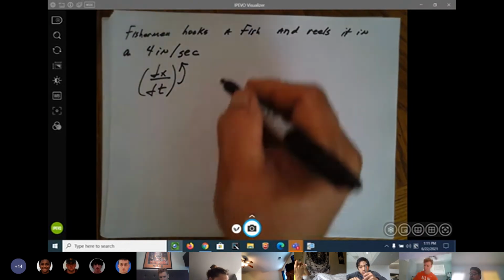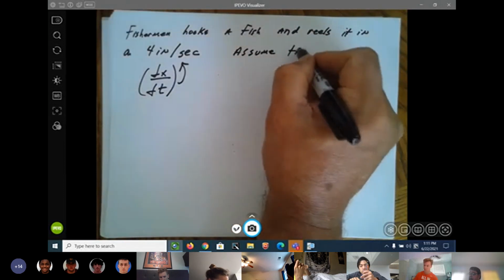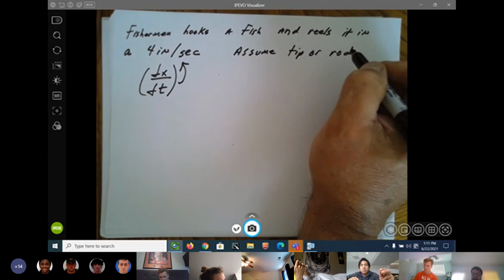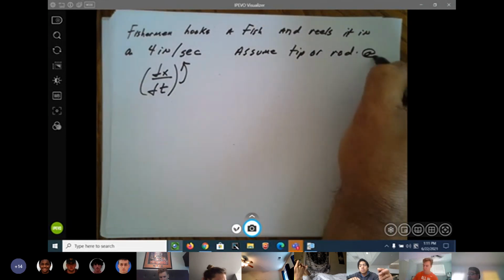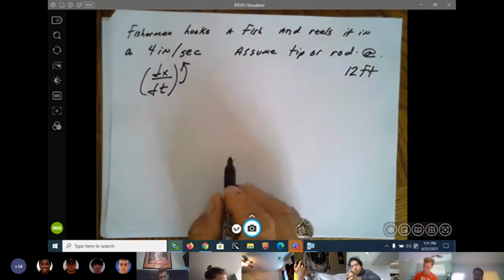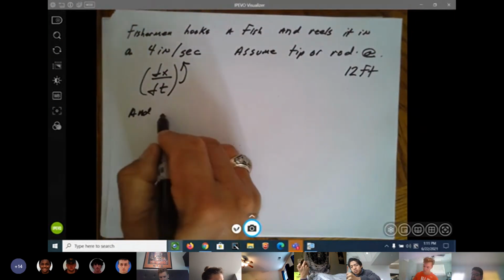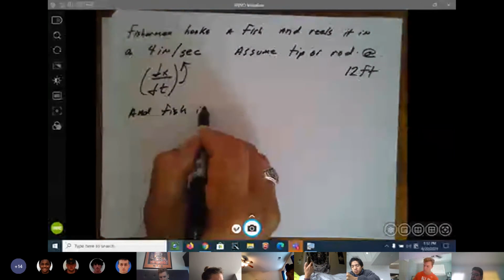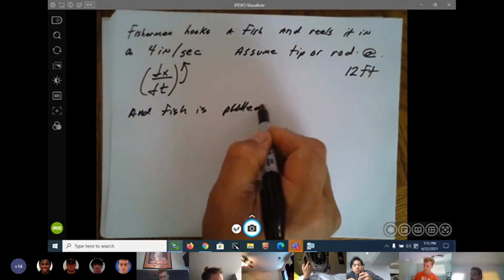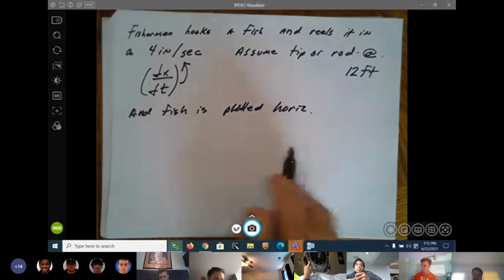Assume the tip of the rod is directly above him at 12 feet above him, and the fish is pulled horizontally across the top of the lake or whatever.